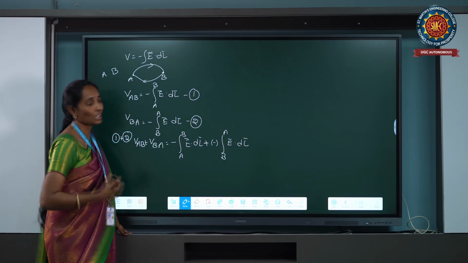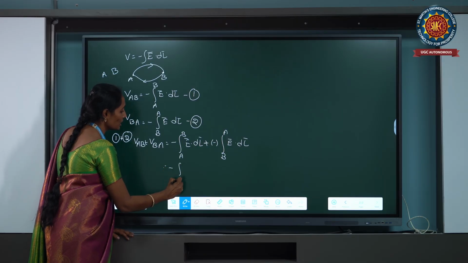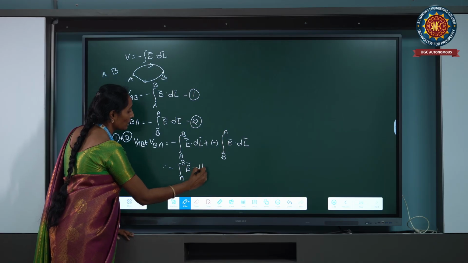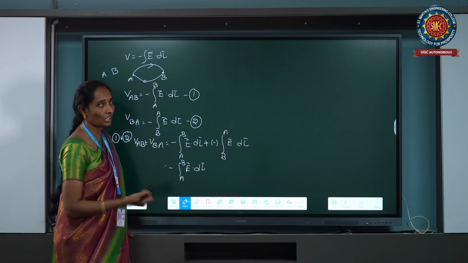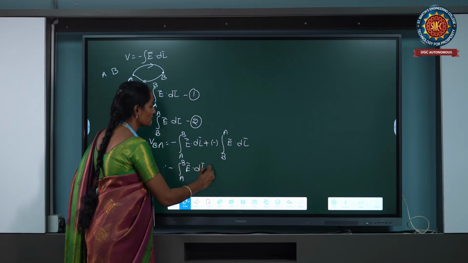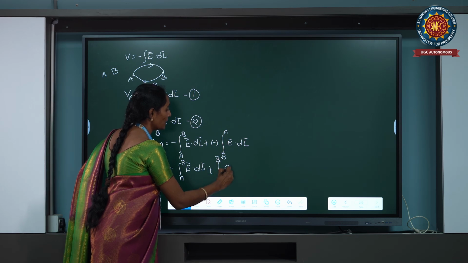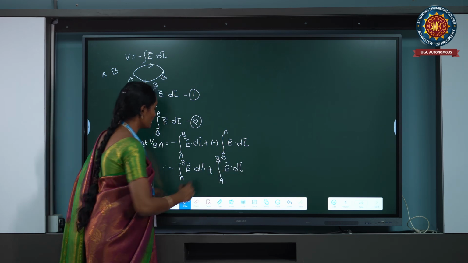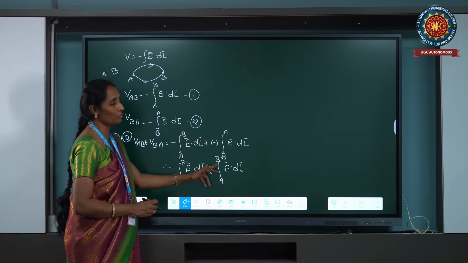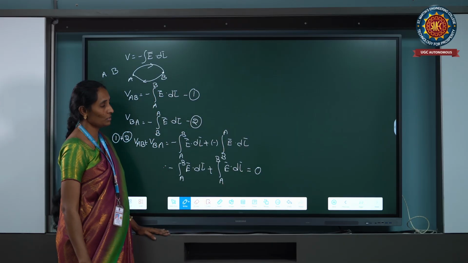Here we can change the limit of either integral. Suppose I change the limit of the second integral. Whenever you change the limits, the sign changes to negative. So minus of minus is plus. Finally this is minus integration A to B of E bar dot dl bar plus integration A to B of E bar dot dl bar, so the final value is equal to 0.